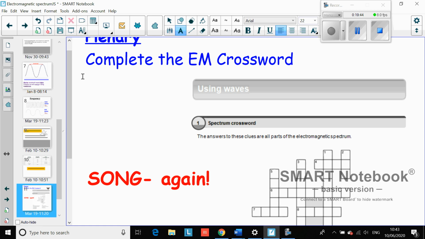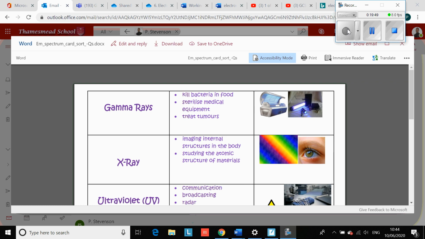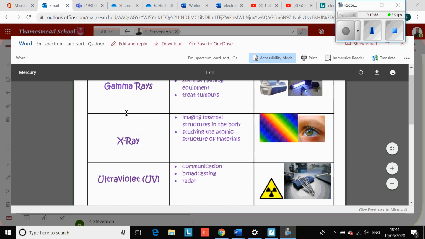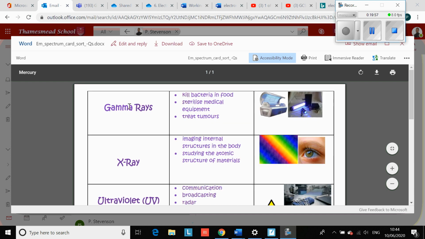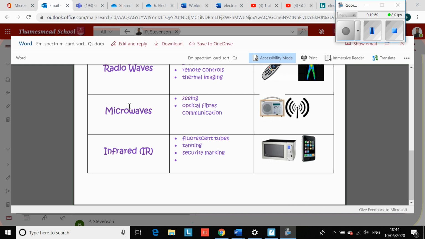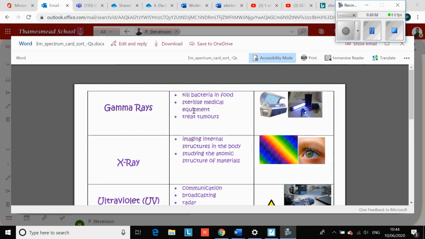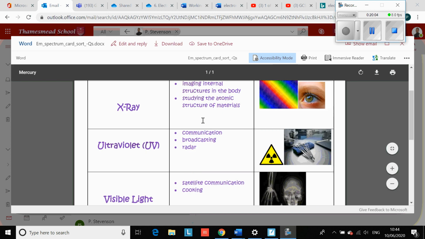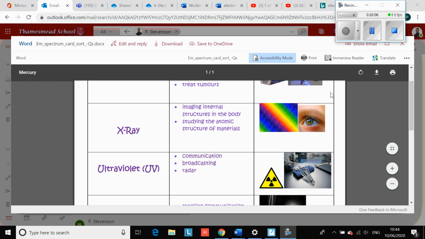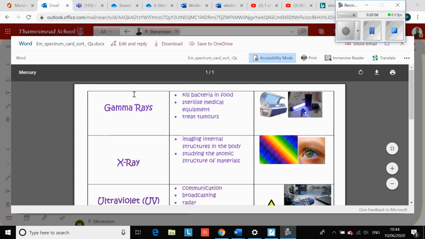They're all muddled up, so I'll just quickly show you what I mean. In assignments you'll have the type of wave. Those are all in the right order. However, what they are used for and the diagram that links to it are all jumbled up.